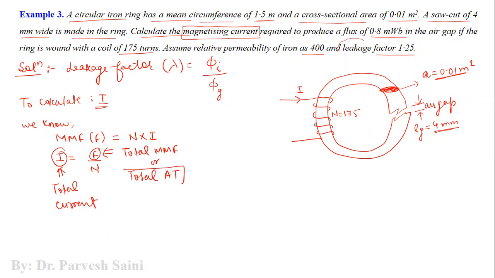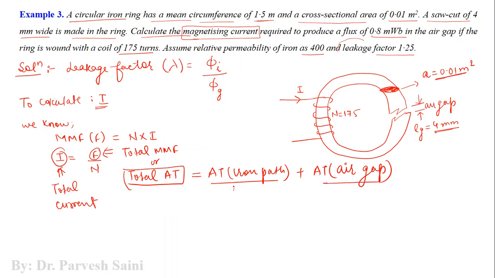So total ampere turns would be equal to the ampere turn of the iron path plus the ampere turns of the air gap, right? So that means we have to find out both of these. So ampere turn of the iron path depends upon the magnetizing force which is associated with the iron path, which is Hi, let us say, and length of the iron path, right?